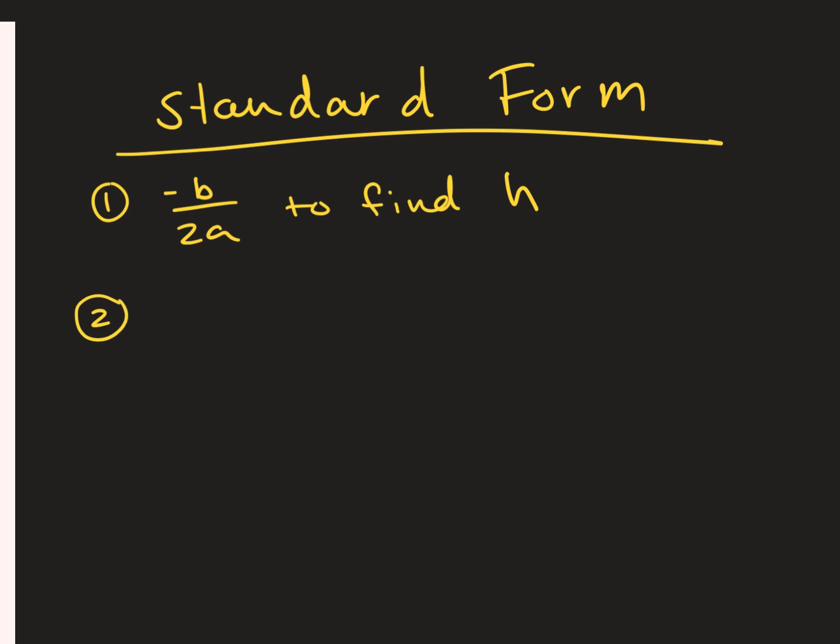What do I do to find the k? Plug it back in. Perfect. Plug in h to the x's to find k. So we just take that number and plug it back in to find k.